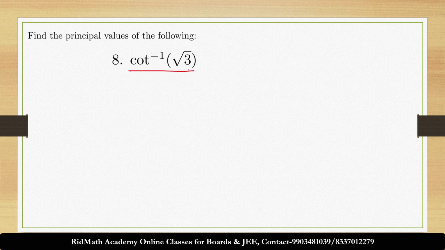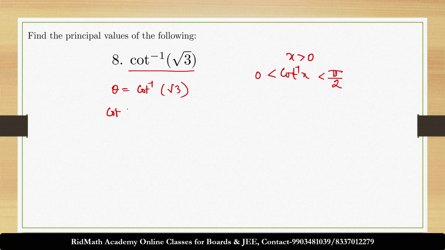Next, cot inverse root 3. So here also x is greater than 0, that means cot inverse x lies between 0 to pi by 2. So theta equals cot inverse root 3, that means cot theta equals root 3, and let us transform it into tan theta, that means tan theta equals 1 by root 3, and you know that for theta equals pi by 6, tan theta is 1 by root 3.